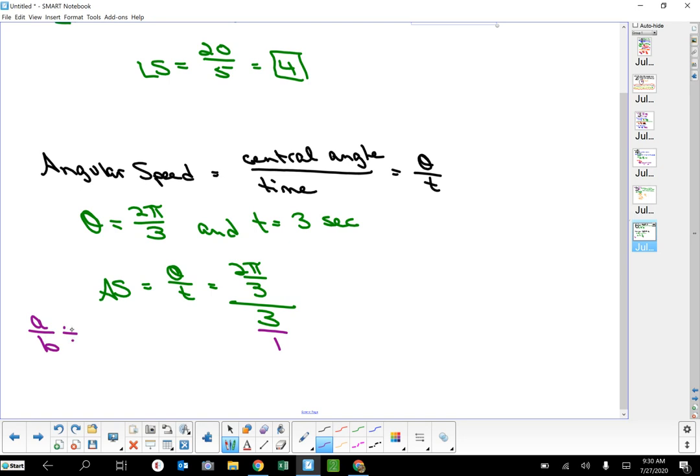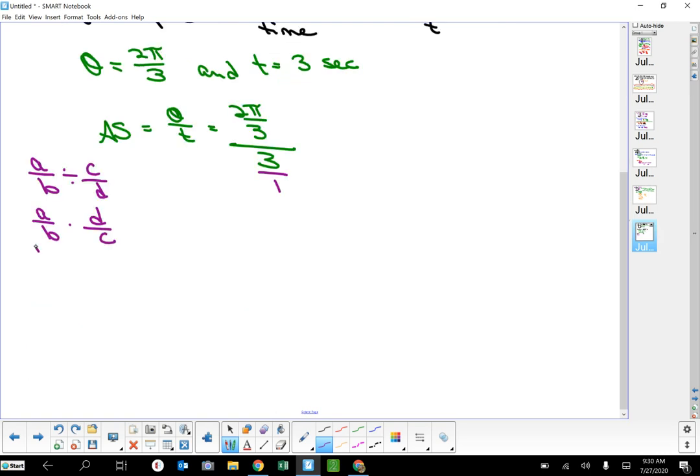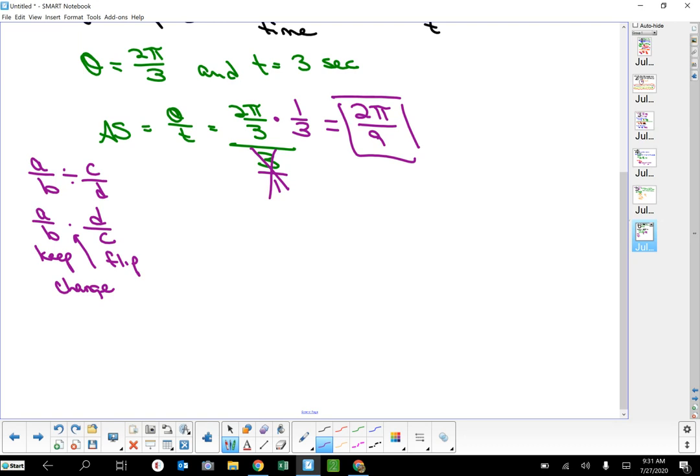A over b divided by c over d is a over b times d over c. Keep the first one, change the sign from division to multiply, and flip the second one upside down. So this is really 2 pi over 3 divided by 3 over 1. So it's times 1/3, and this becomes 2 pi over 9. And that's the answer to that guy.